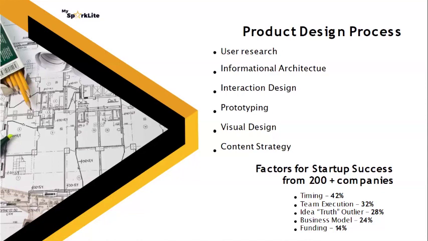So interaction design is like you're trying to design how the design is going to look. How is it going to look? What is each screen going to say? Depending on what you are designing, it could be a mobile app design, it could be a desktop app design, or it could be a web app design, whatever the case may be. You get the point. Then once you've done that, you now do the prototyping.